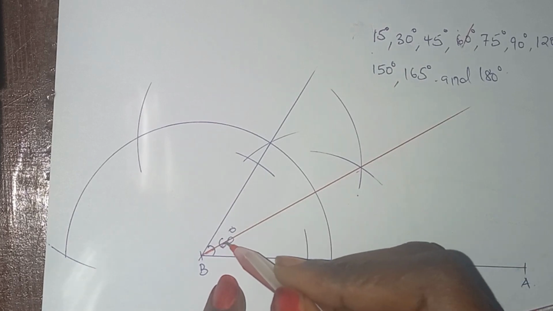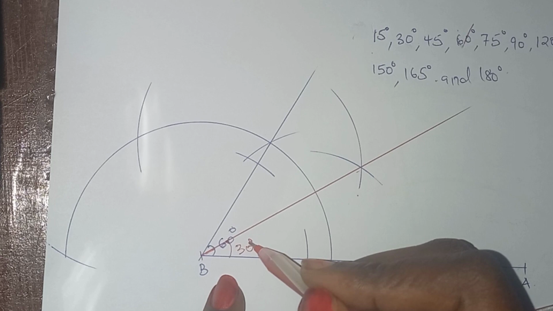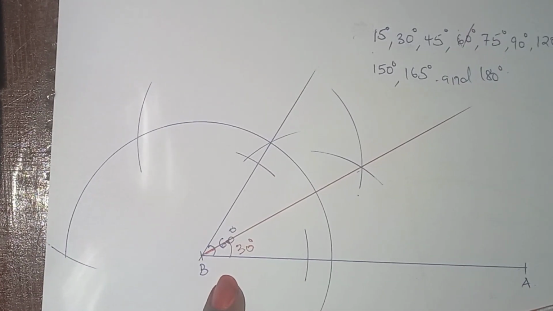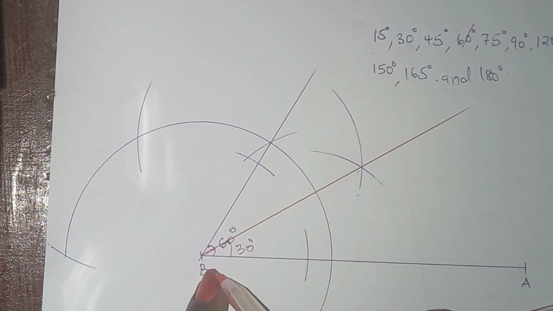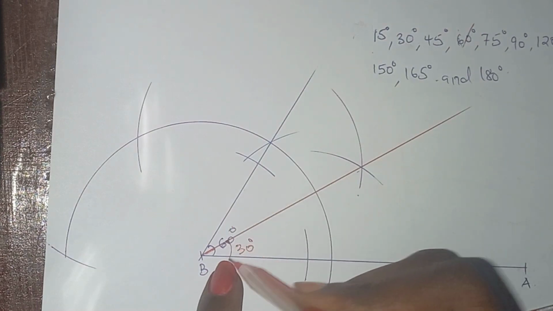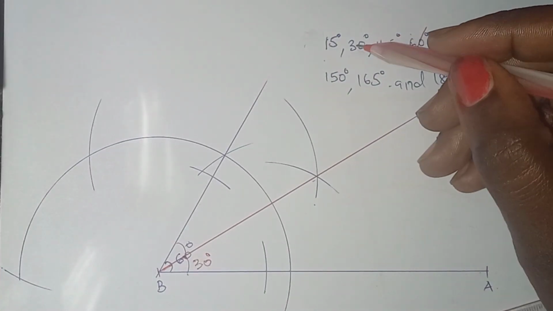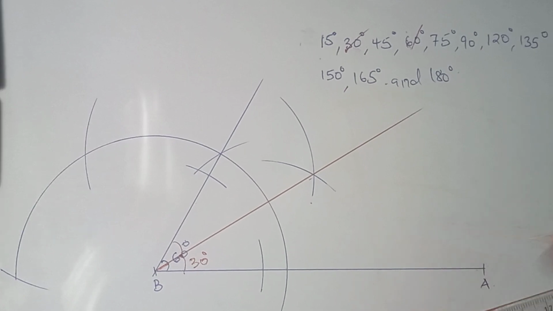So the angle that you'll get here will be 30 degrees. So when you want to construct angle 30 degrees, you will first construct angle 60 degrees, then bisect that angle 60 degrees. You'll come up with 30 degrees, and here will also be 30 degrees. So here you'll have constructed 30 degrees.